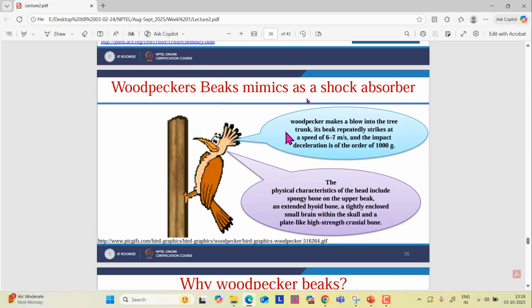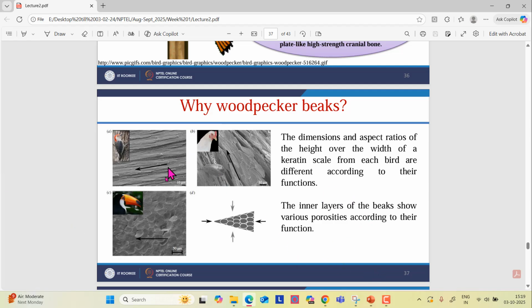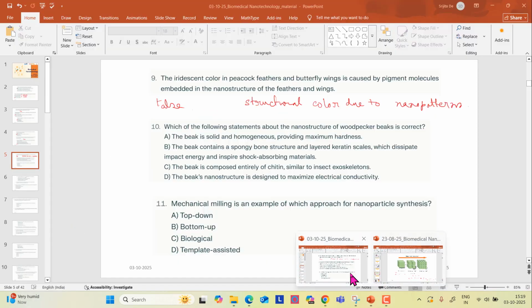A woodpecker makes a blow into the tree trunk. Its beak repeatedly strikes at a speed of 6 to 7 meters per second. The physical characteristics of the head include spongy bone on the upper back and an extended hyoid bone, a tightly enclosed small brain within the skull, and a plate-like high-strength cranial bone.